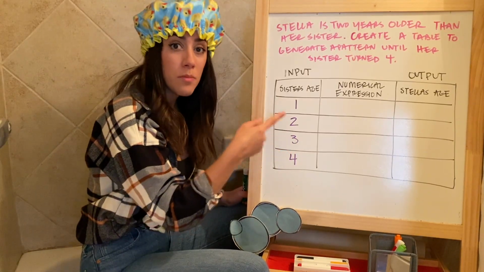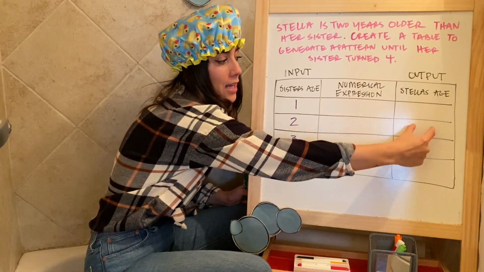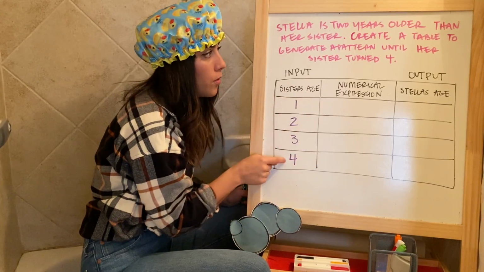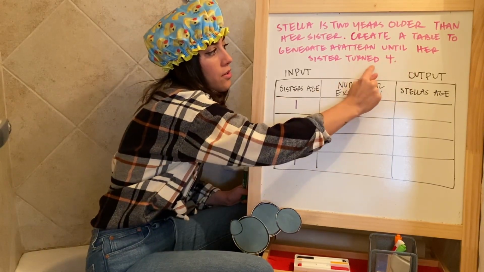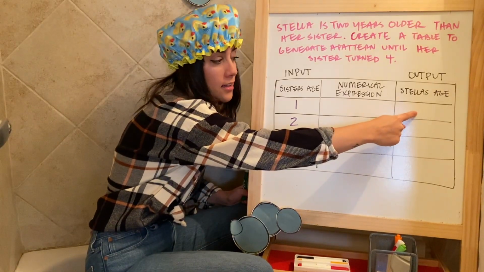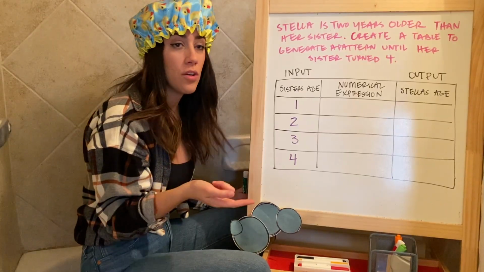My numerical expression is what is happening within that machine to give us that output. So my input is her younger sister's age, 1, 2, 3, 4, because it says until her sister turned 4. So all the years before 4. Stella is 2 years older. That is the rule. It's already giving you the rule.